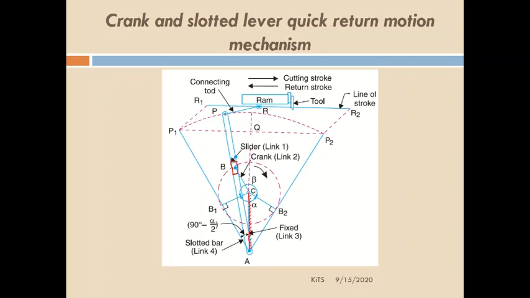CB is a crank, then this is slider. This element is slider. As usual, in the previous case also we have seen slider was inserted inside the slotted bar. Here also AP, this link is a slotted bar.